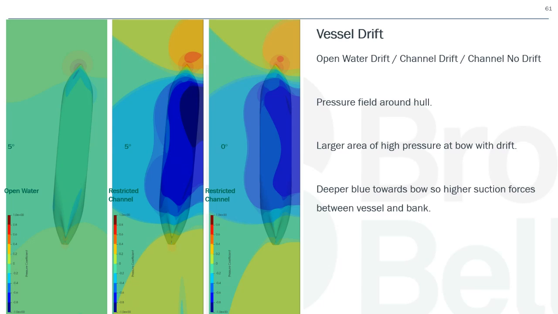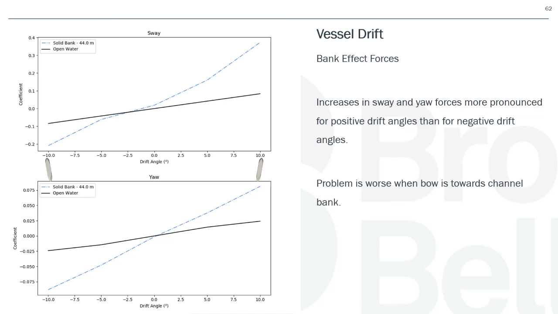And as you would expect, this is for a positive drift angle. So you see a similar thing, not the same places where the pressure field is occurring, but a large intensification of your values of pressure there. And that's the combination of your restricted channel, your bank effect, and your drift angle. And as we would expect, that significantly affects your forces.